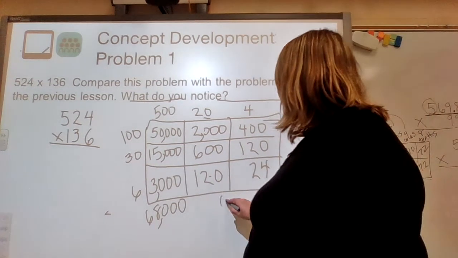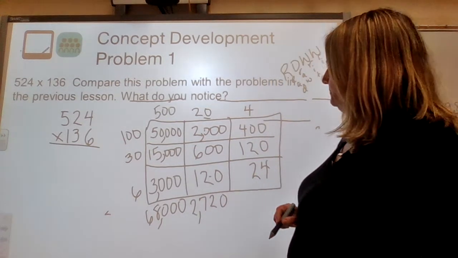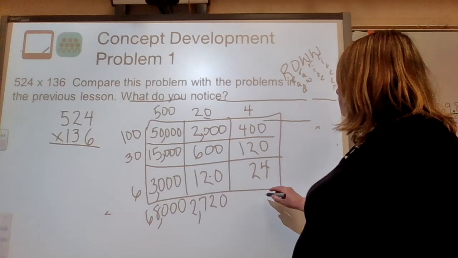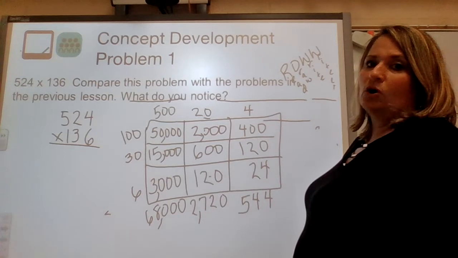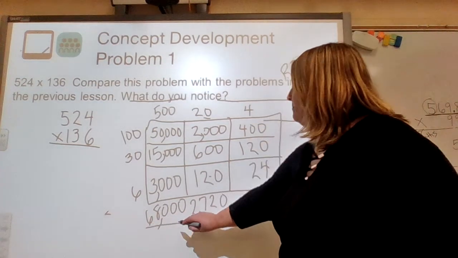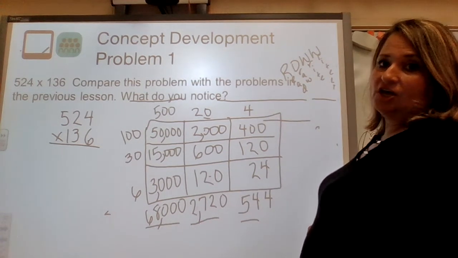So that's going to give me 2,720. And then I have 400 plus 120 plus 24. That's going to give me 544.